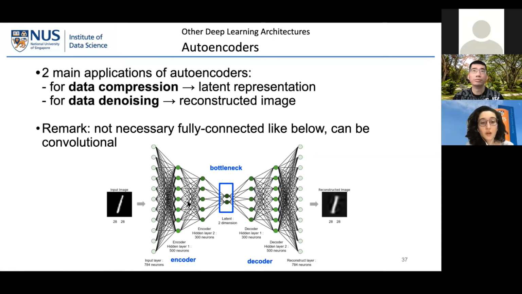So just note that in this example illustration, the neural network is fully connected, but you can use whatever you like. You can even use convolutional layers, then fully connected layers, and then again convolutional and fully connected. It's up to you. The general shape is really to have an encoder, bottleneck, decoder.